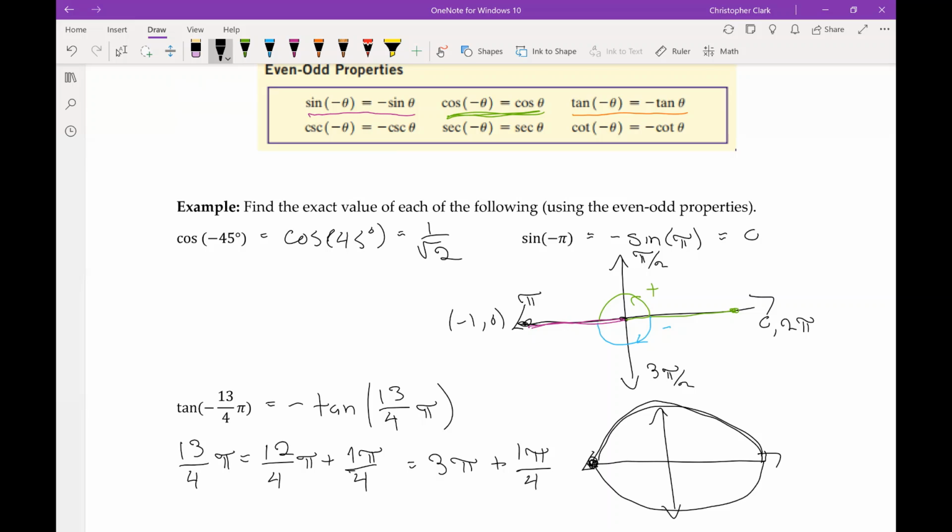Now pi over 4 is the 45-degree angle, so this angle right here is pi over 4, or 45 degrees. So this is my angle theta. And if we remember tangent of pi over 4, do we remember what that is?